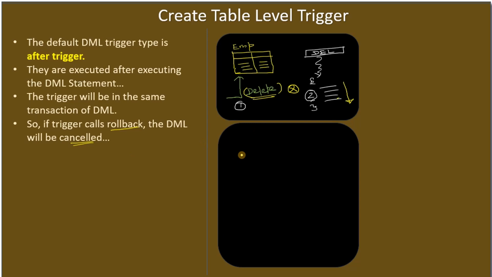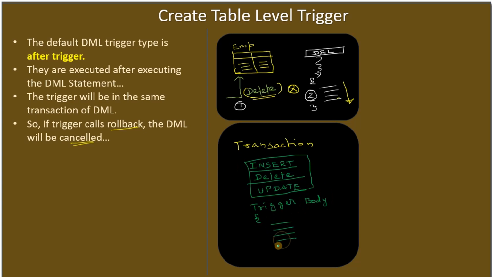So as already told, there will be a transaction. The trigger can be for any DML statement. It can be for insert, delete, or update, right? So let's state that the user is performing this update operation, right?